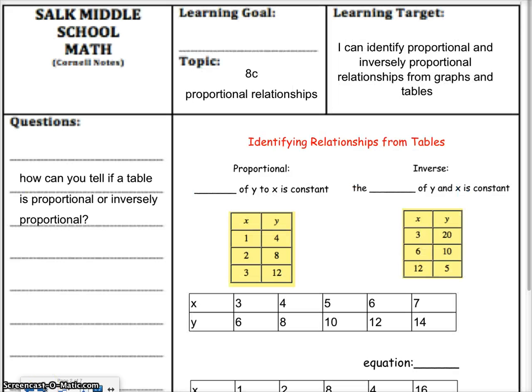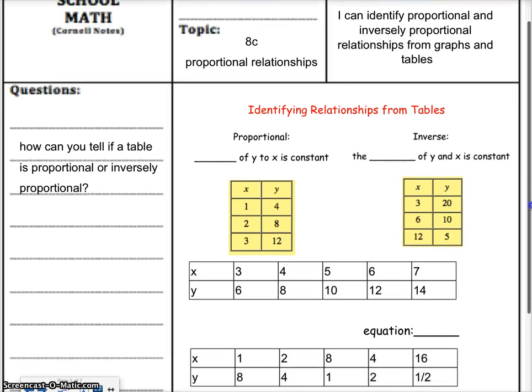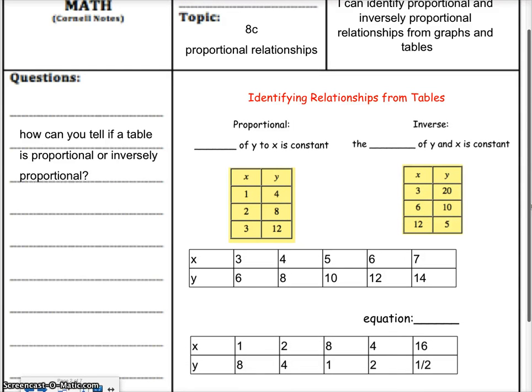Okay, next. Now you're going to have to identify from tables. That's where it gets a little complicated. Proportional, we've already worked on. Proportional, the ratio of y to x is constant. Ratio, y over x. Inverse, the product of y and x is constant. So that means y times x.